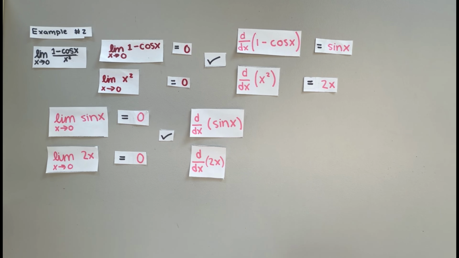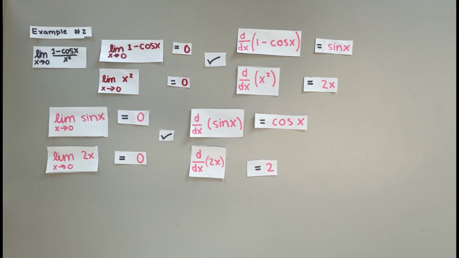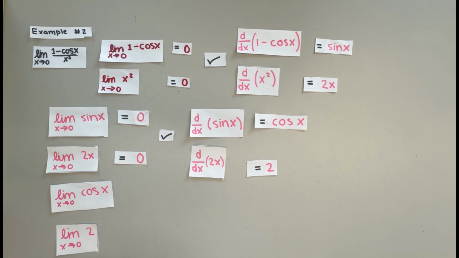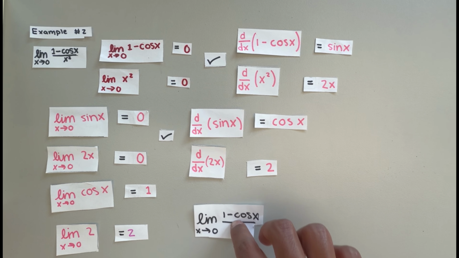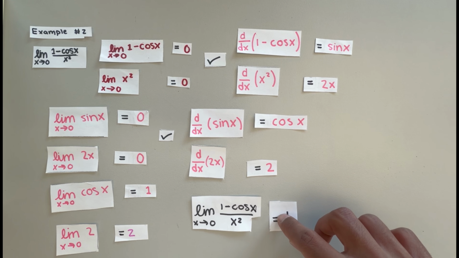The derivative of the top function sine x becomes cosine x, and the bottom function 2x becomes 2. Our new expression is cosine x over 2. Now, when we plug in 0, we get cosine 0 on top, which is 1, over 2. This leaves us with a final answer of 1/2.